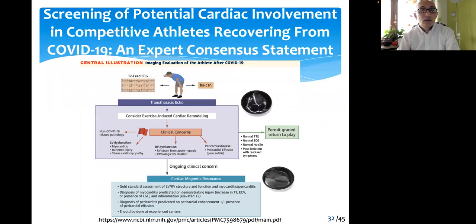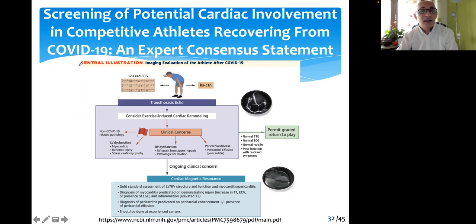Here, one title: Screening of Potential Cardiac Involvement in Competitive Athletes Recovering from COVID-19, an Expert Consensus Statement. So in this guideline, actually the guidelines are also graded according to their seriousness, to their evidence level. And when it doesn't have so high ranking evidence, then we call it an expert consensus statement.